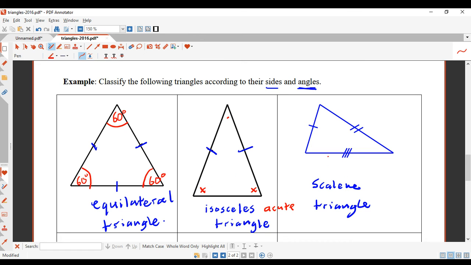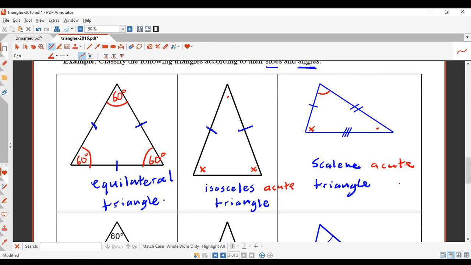Now what about this one here, scalene? If you look at these angles again, there's one angle, here's another one. It looks like all 3 angles are acute as well. So I could call this a scalene acute triangle. Okay, so those are the names.